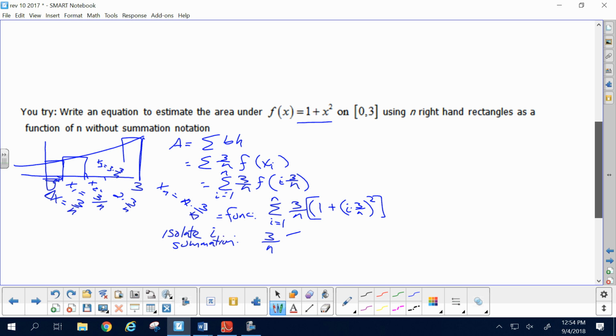So I could say I'm going to have a whole bunch of 1's and 3 over n times a whole bunch of the other guys, i 3 over n's quantity squared. Basically just split up the sum into separate sums. Cool? Can I get a cool? All right, thank you.